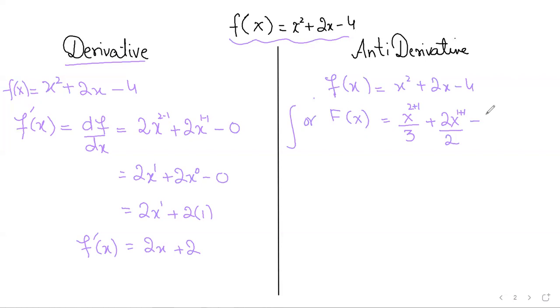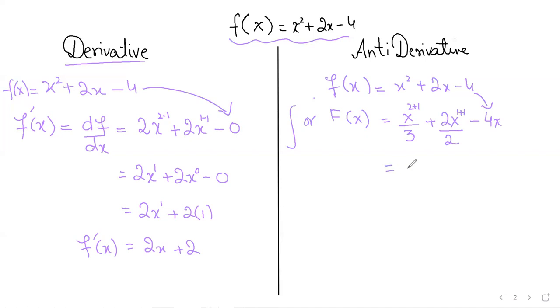If I have a constant number here, and I have to take the antiderivative of that constant, it will get a variable with it. In the case of the derivative, my constant becomes 0, but in the case of the antiderivative, I place a variable with that constant.